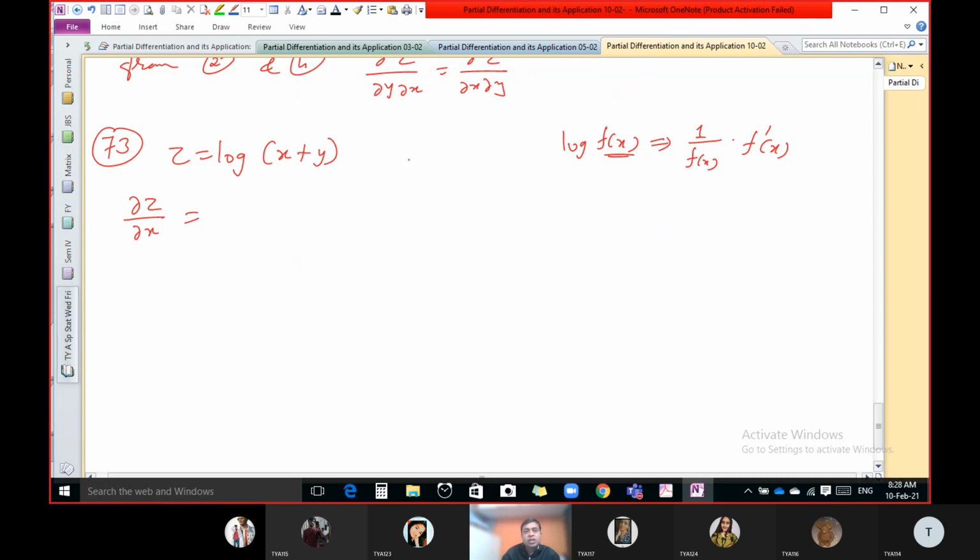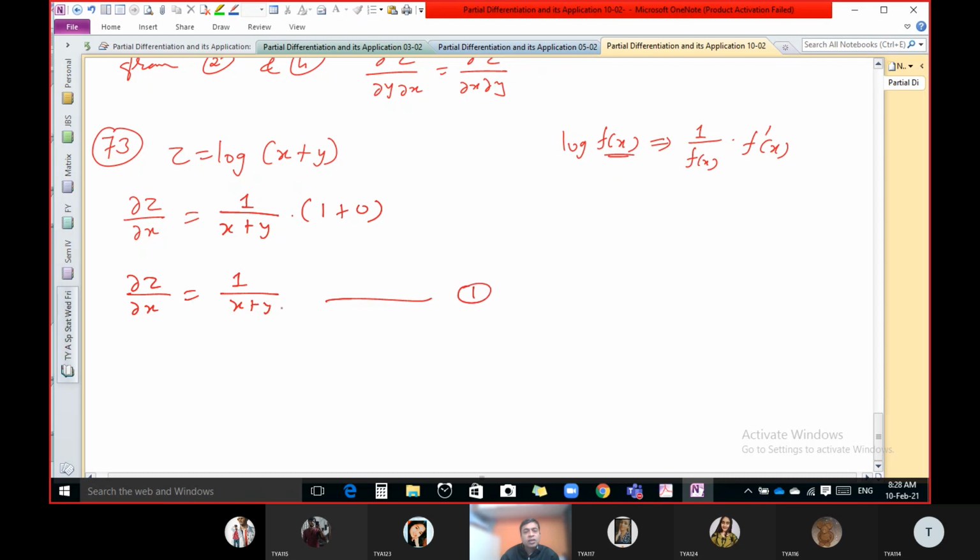The answer is 1 upon x plus y into derivative of this with respect to x. What is derivative of x? 1, and here 0. So my answer for delta z upon delta x is 1 upon x plus y.